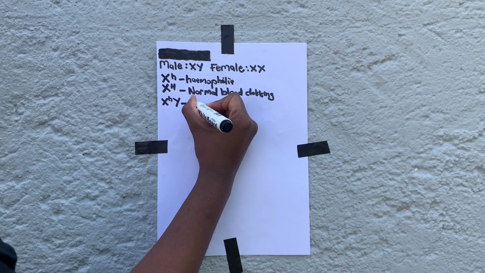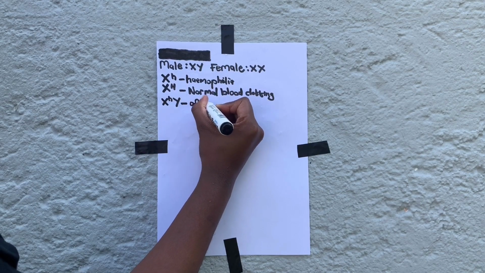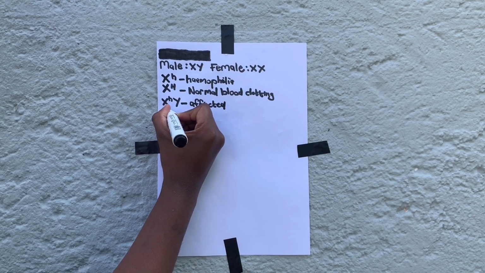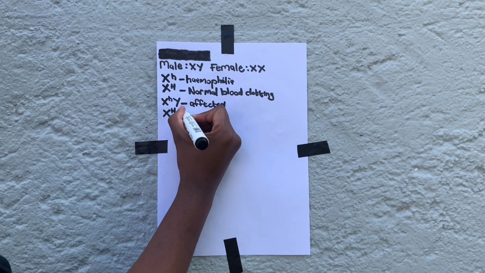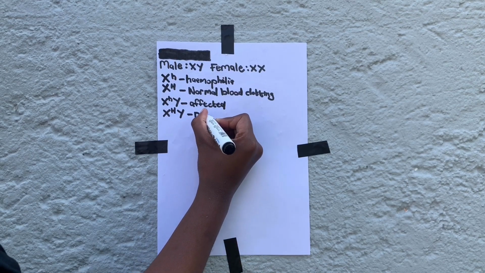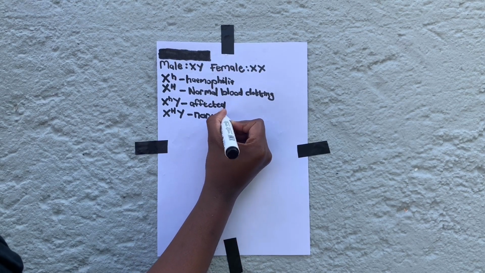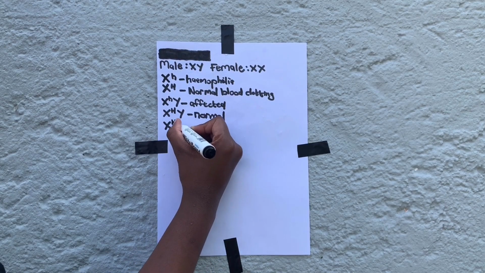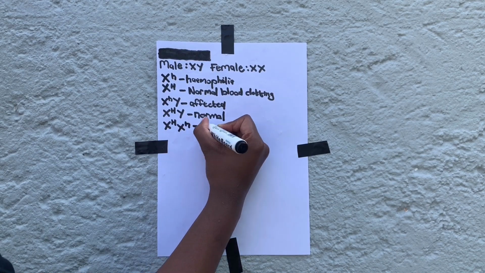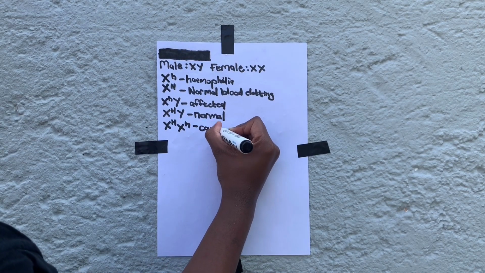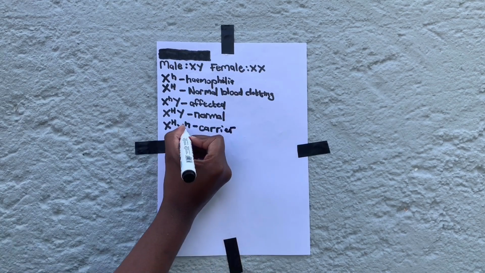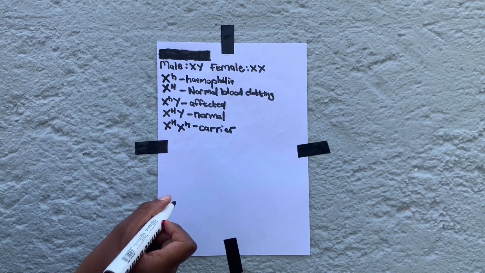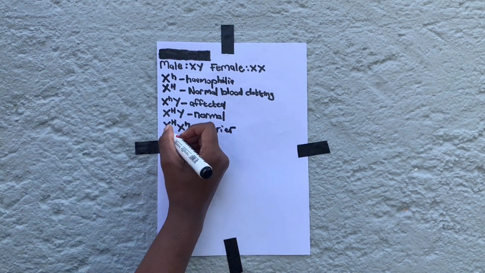This is, we'll just say, an affected male. Affected. We'll just say normal. I don't really like using the term normal, because what is normal? This woman, she is a carrier. She doesn't have hemophilia, but she is a carrier because she has the recessive gene present, but it is not expressed in her phenotype because it is recessive.